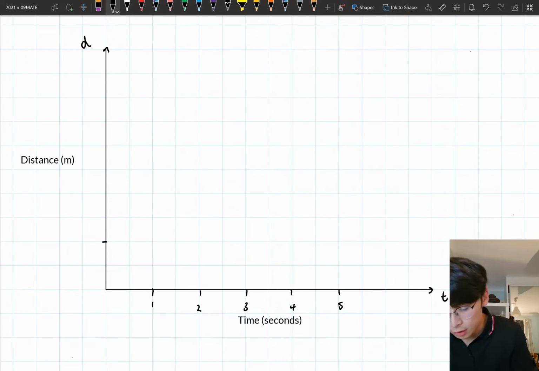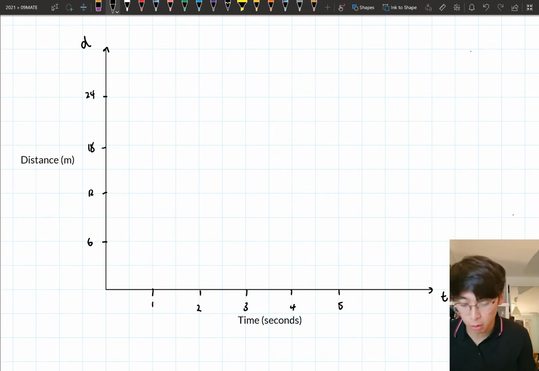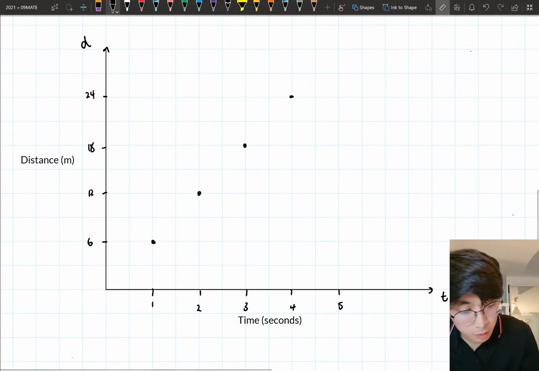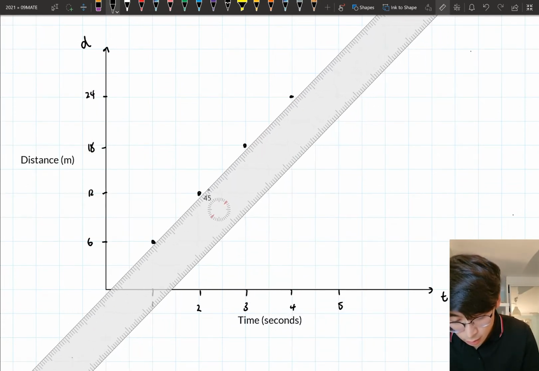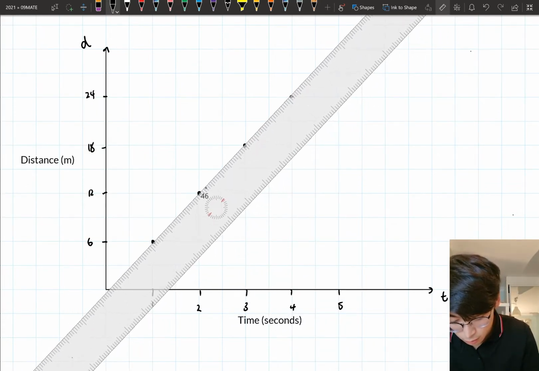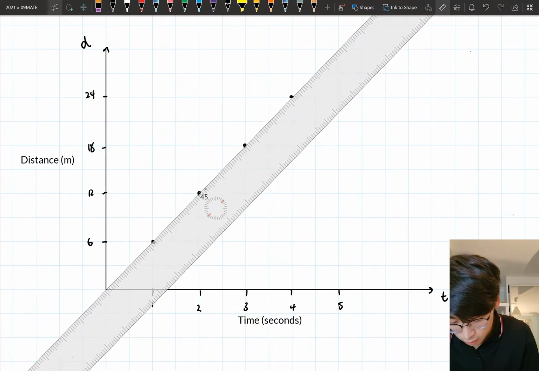And on the other side, I've got 6, 12, 18, 24, and so on. So I can just plot this on my Cartesian plane. I've got 1, 6, and it forms a straight line that, hopefully you notice, will pass through the origin. Well, if I can actually draw this. There we go, lined up.